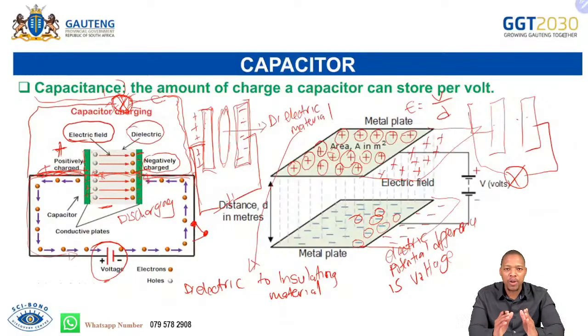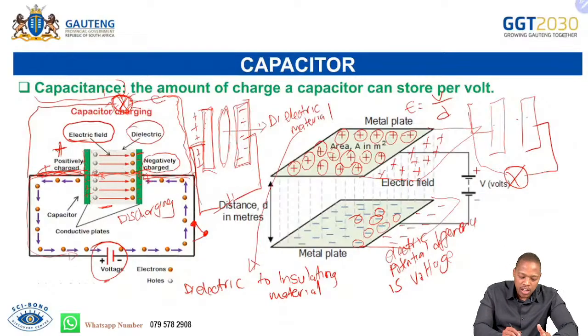The net charge between the two plates must always be constant. So for every electron that is pushed out here, an electron will be pulled in here.